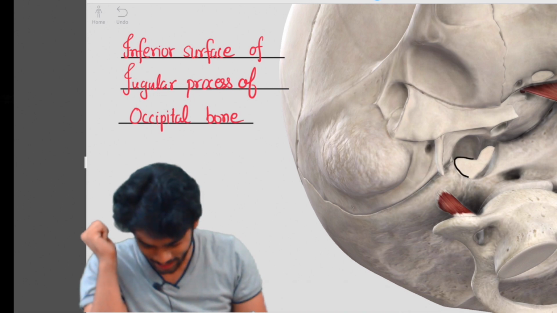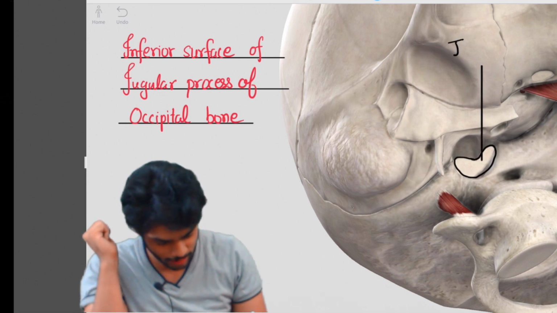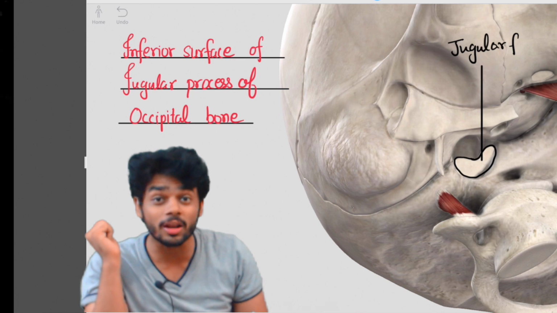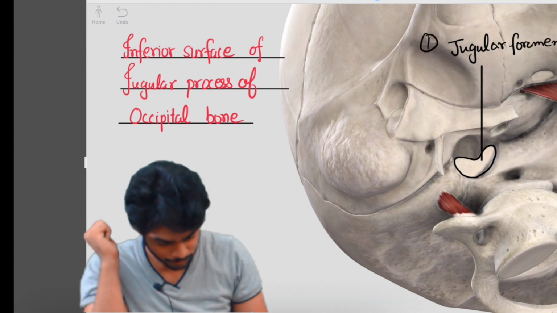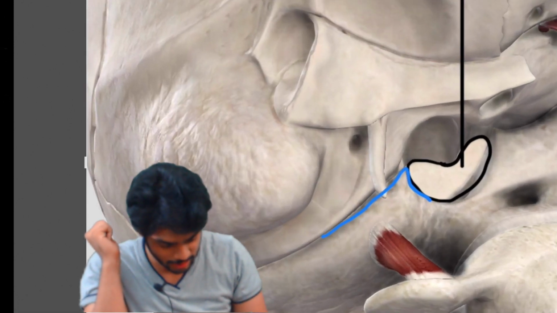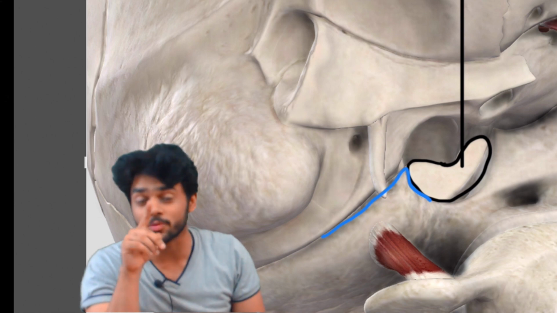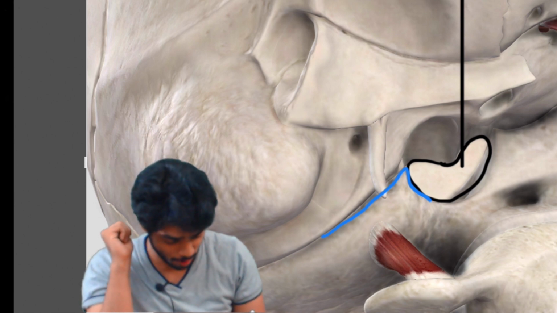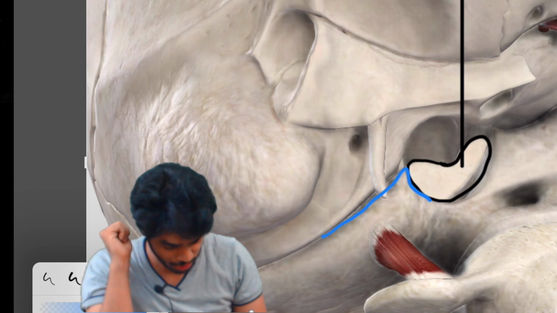The muscle attached to this is, can you see the jugular foramen? This is the jugular foramen, and this is known as the jugular process of the occipital bone. We discussed this in the previous video.